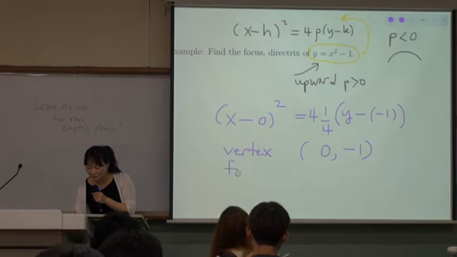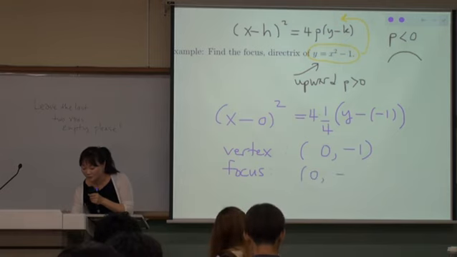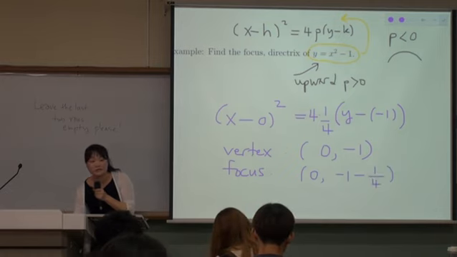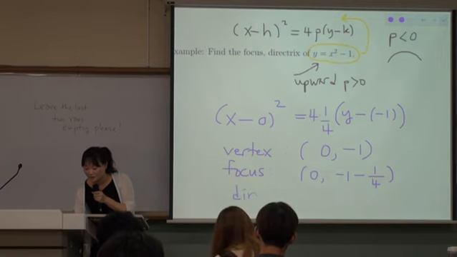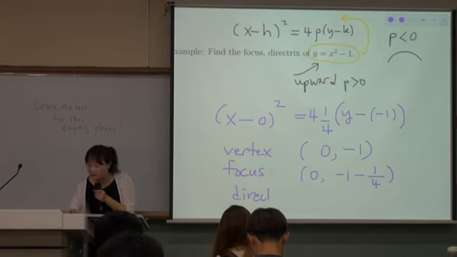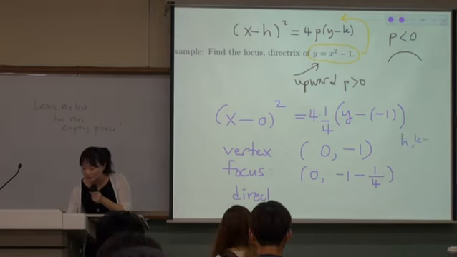What's the focus? (0, ...), from minus 1, we have to subtract 1/4. It's minus p, right? And what's the directrix? For the focus, we have to add. What was the focus? It is (h, k plus p).